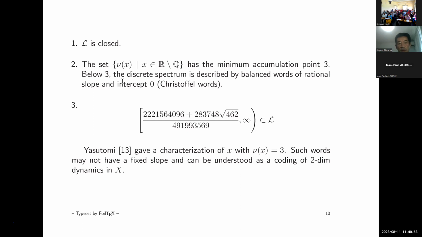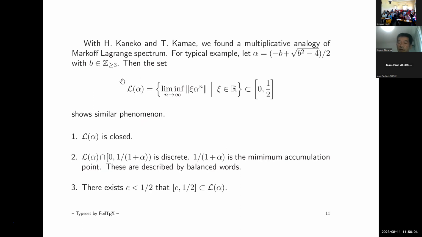So I tried to explain a little bit more about the relation of this Sturmian sequence and number theory. In fact, I met this Sturmian sequence through the following problem, which is a multiplicative analogue of the Markov-Lagrange spectrum.